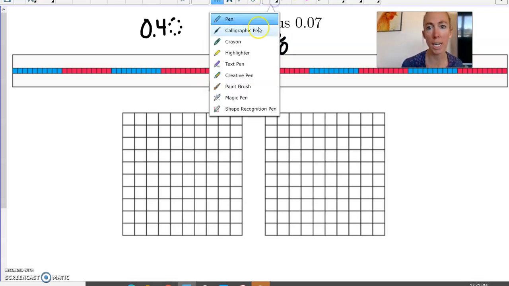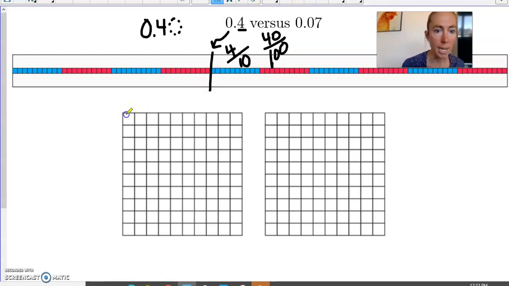If I were to shade it in on a grid, I'd have 10 hundredths, 20 hundredths, 30 hundredths, and 40 hundredths, or 4 tenths. Whereas this guy is 0.07. So I already have my 2 spots after the decimal. My ghost 0 isn't going to do anything for me here because this is 7 hundredths.